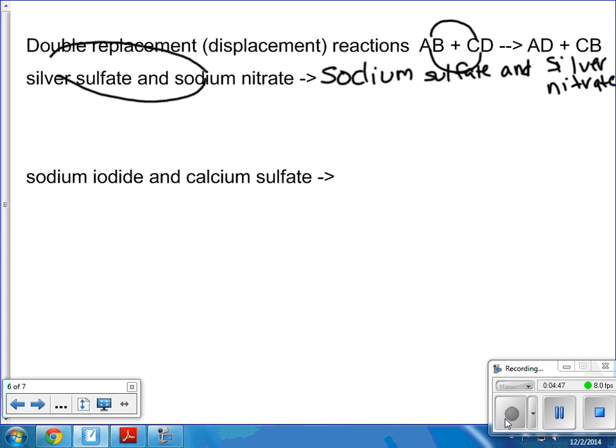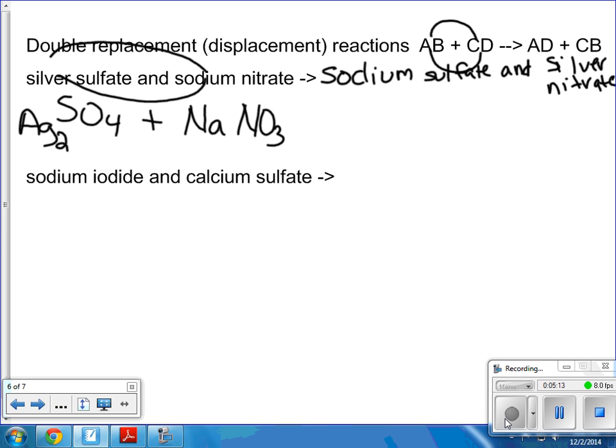Now let's write out formulas. Silver is Ag. It is a transition metal, it's in the middle, but it always has a +1 charge. It will never have a Roman numeral. Sulfate is SO4, and it has a -2 charge, so we should have Ag2SO4, plus sodium nitrate, NaNO3.